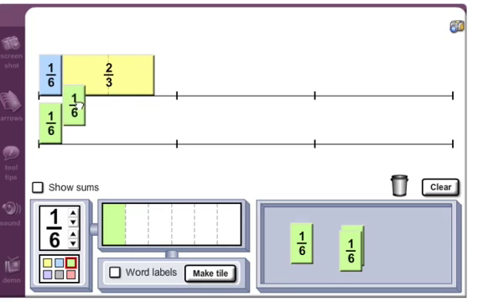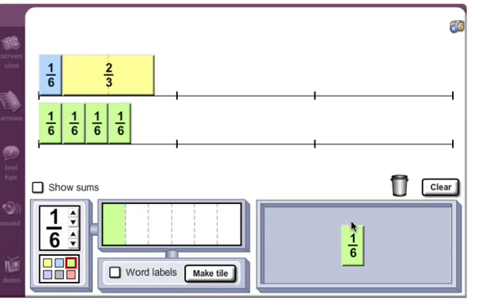And if we keep adding, and this is equivalent. And so if we look at the 2/3, well, 2/3 is equal to 1, 2, 3, 4, 6. So 1/6 plus 4/6 is 5/6.